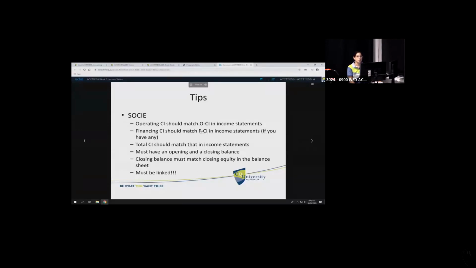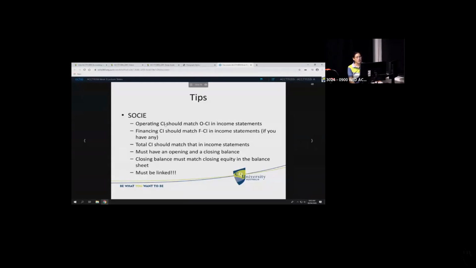Now, pretty sure this year Wesfarmers didn't have any financial comprehensive income. That doesn't mean your firm won't. In the 12-minute step-by-step video, I state that you should still leave a space in there to show your marker that you actually thought about whether your firm had financial CI or not. I show you how to do that with Wesfarmers. So I still have a 0 balance for financial CI.